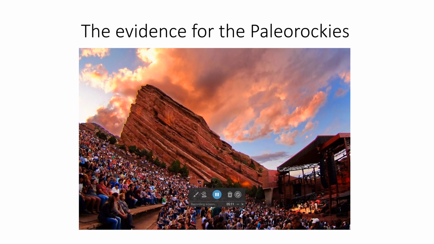And the only layers that we see left of this orogenic event are actually in Colorado, and they're rather famous. So if you've ever gone to a concert at Red Rocks concert venue, then you've been literally rocking with the Paleo Rockies, because that is the last 300 million year old evidence of a mountain range that has been almost completely eroded away.